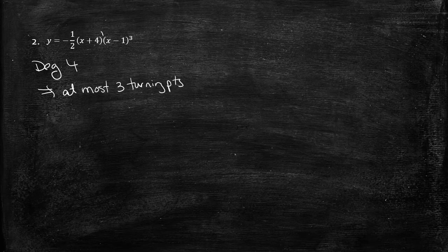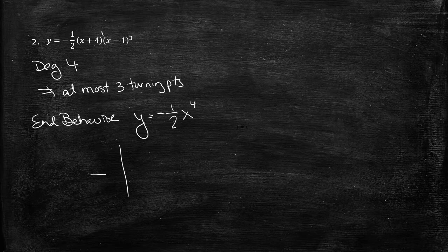Let's do the end behavior next. Okay, so that -1/2 out front is going to make a difference, the negative more so than the 1/2. And then since it's degree 4, it's like -1/2 x to the 4th power. So we're going to be down here in the 3rd and the 4th quadrant.